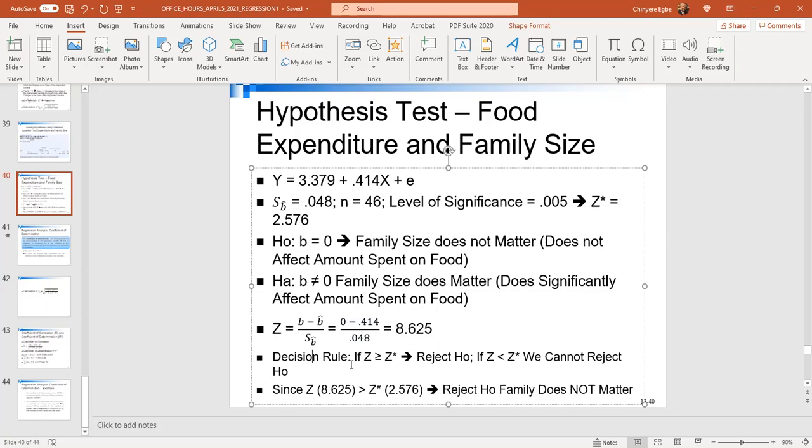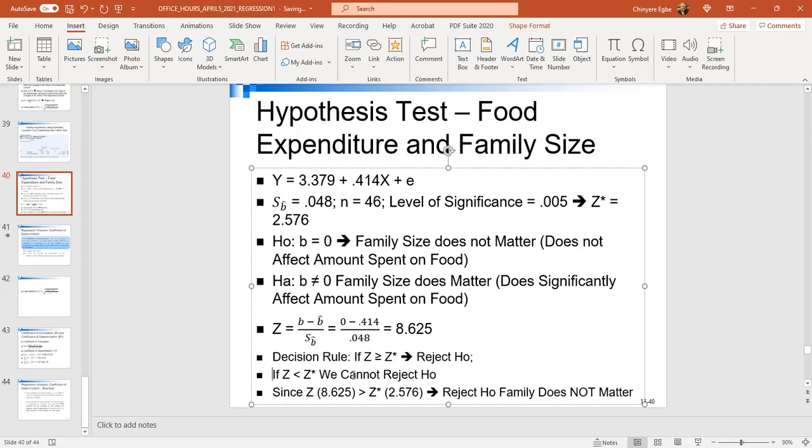Now we use a decision rule that if Z is greater than Z star, then we reject the null hypothesis that family size does not matter. Now, if Z is less than Z star, then we cannot reject the null hypothesis that family size does not matter. So what is our conclusion here? Our conclusion is that since the calculated Z, which is 8.625, is greater than the hypothesized Z star of 2.576, we reject the null hypothesis.